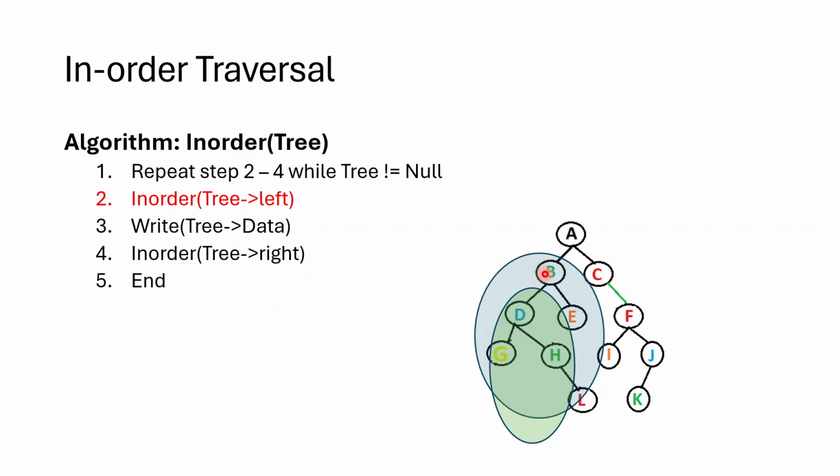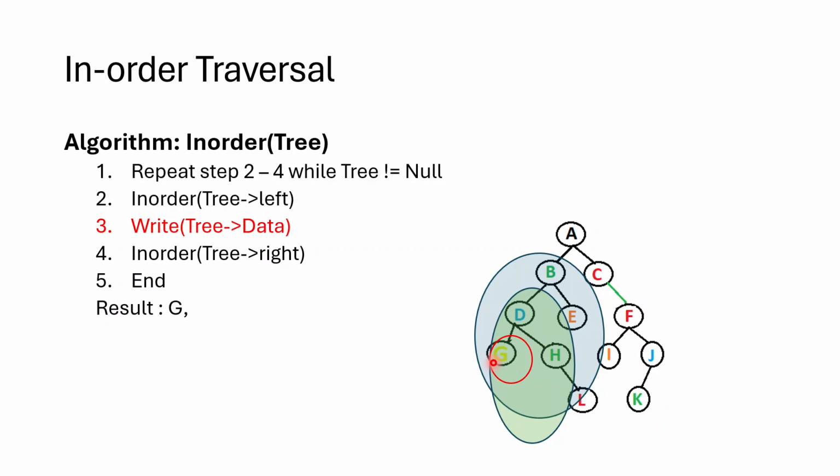The left side of B is D, G, and H. Once again, the same function will be called on G. Is there any left child or not? The result is null, because the left child is 0.